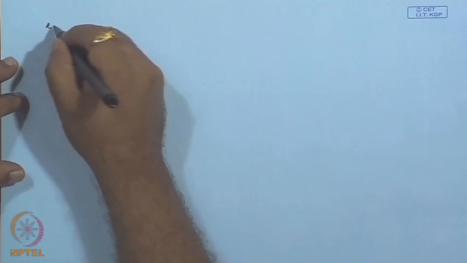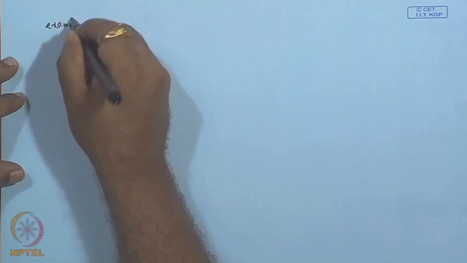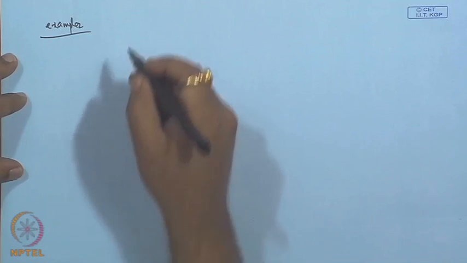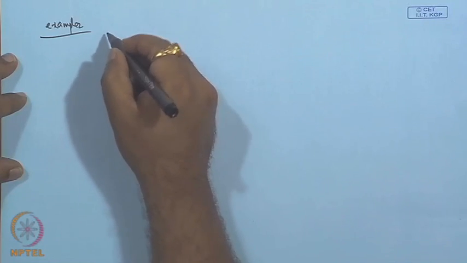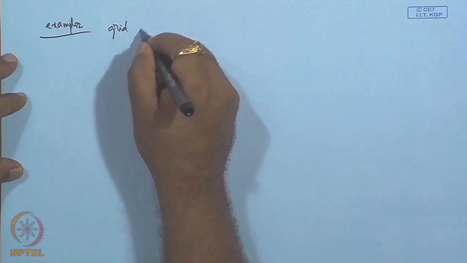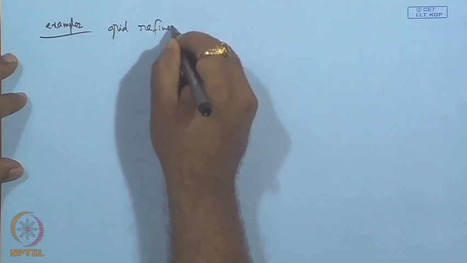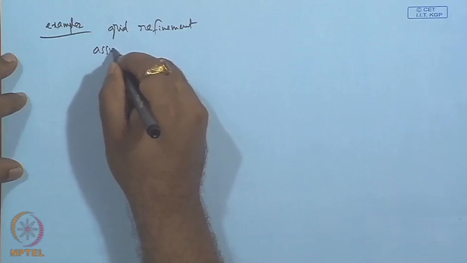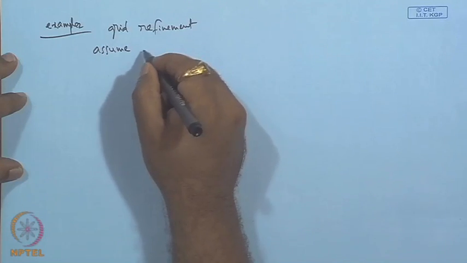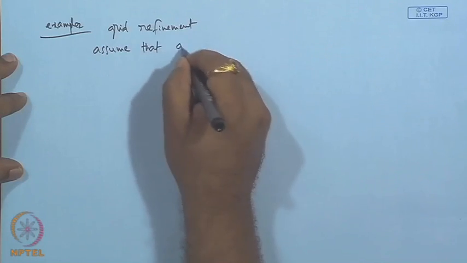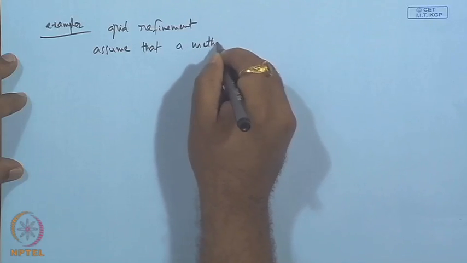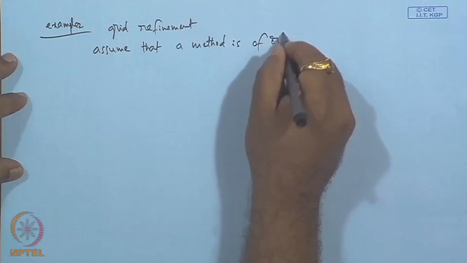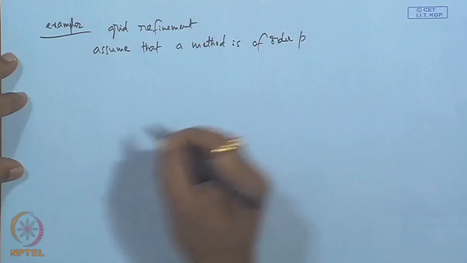Then, another is grid refinement. Assume that a method is of order p.